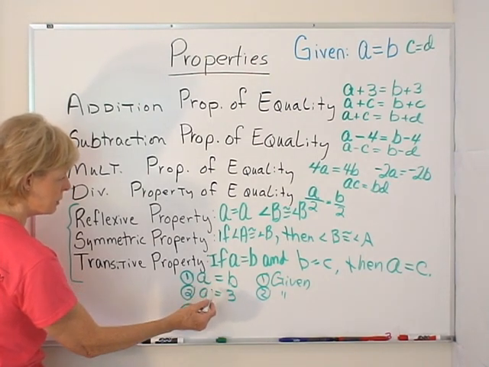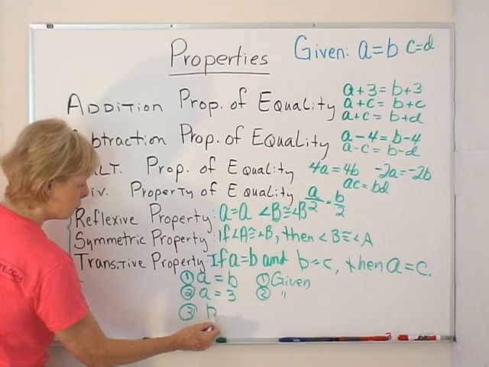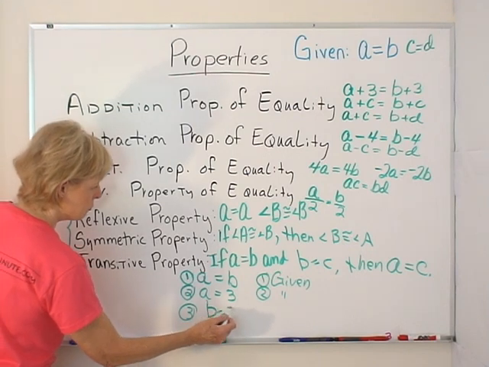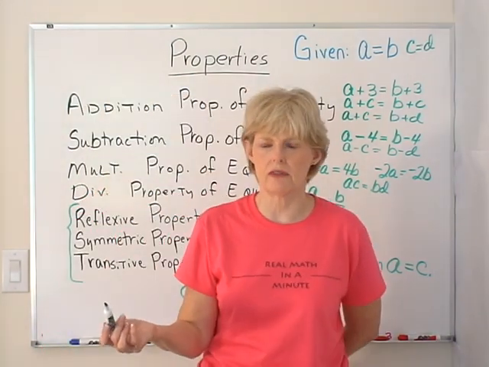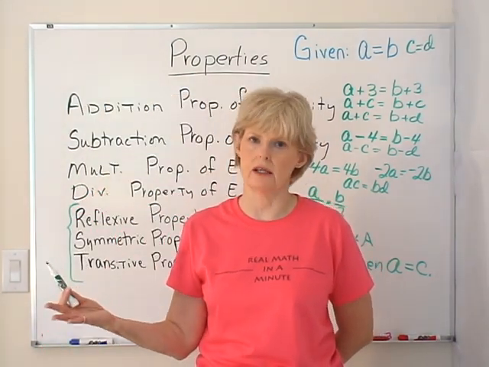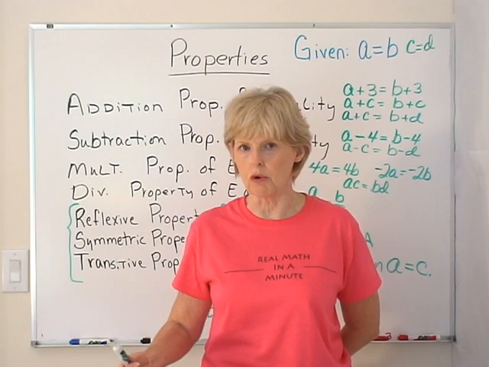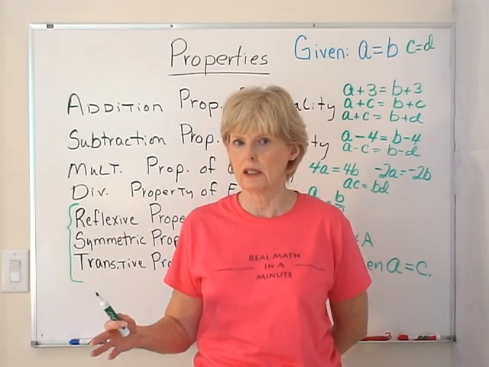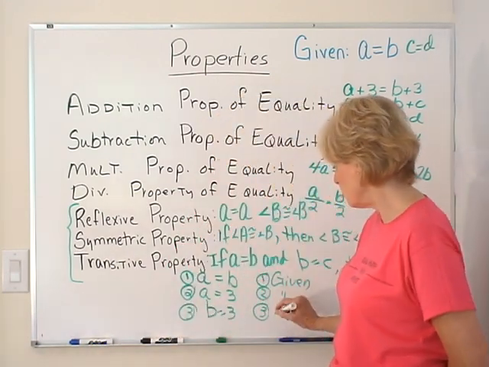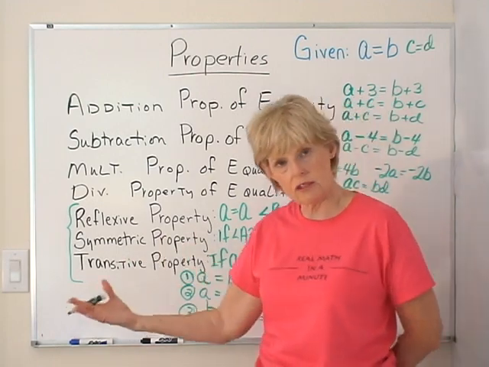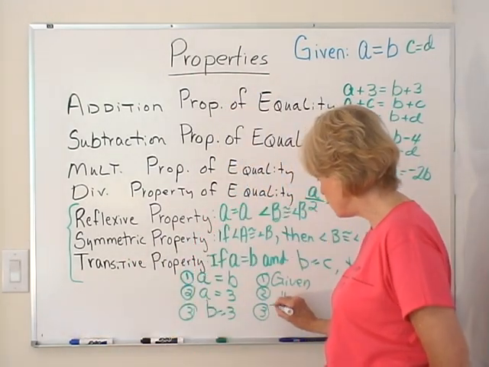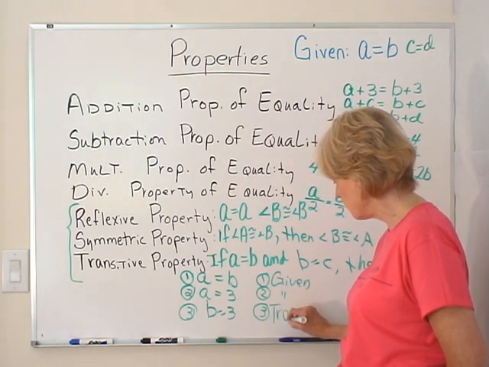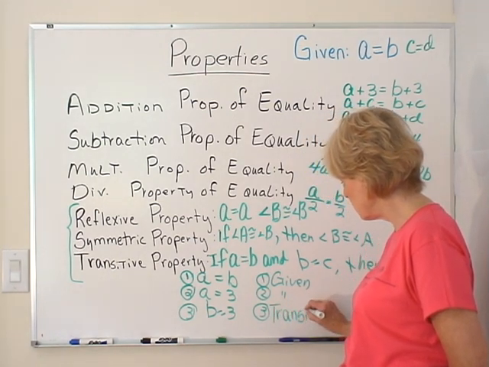If A equals B and A equals 3, then of course B is equal to 3. And if you put substitution for that step, that's perfectly fine, especially if it's in equals. I use it interchangeably. So I would say substitution or transitive. I'm going to say transitive the most so that you can get used to that. Really it could be either one, but it's the transitive property.